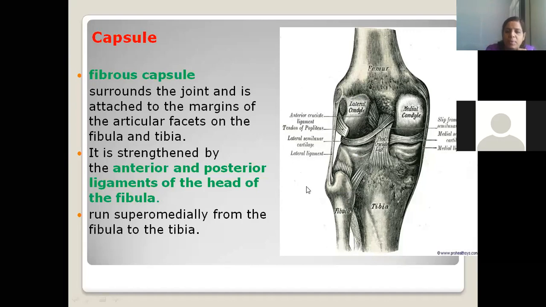So what are those ligaments? In front you call it the anterior ligament and behind you call it the posterior ligament of the head of the fibula. Okay. So this is running superomedially from fibula to tibia, as you can see here. This is the anterior one, this is the posterior one, moving from fibula to tibia. That means the direction of fibers is upwards, forwards and medially.